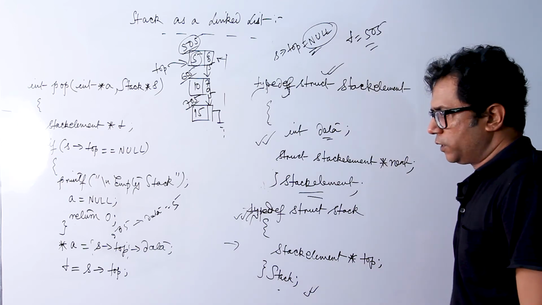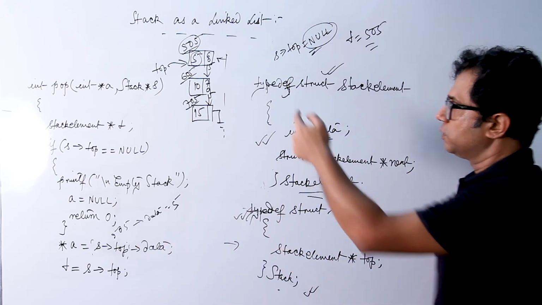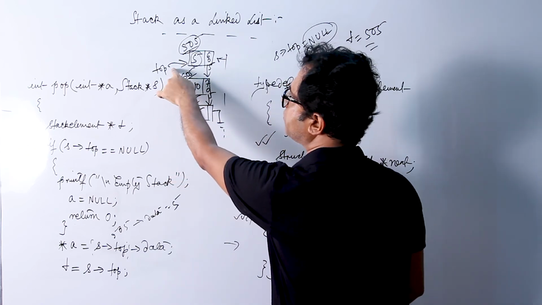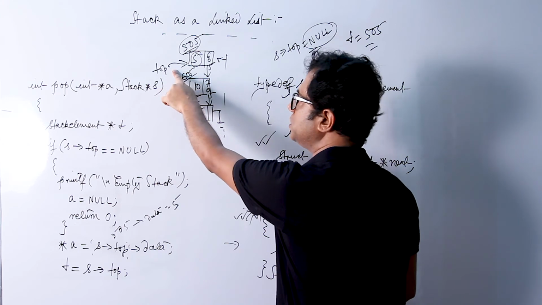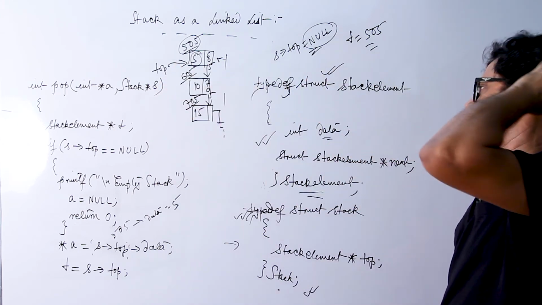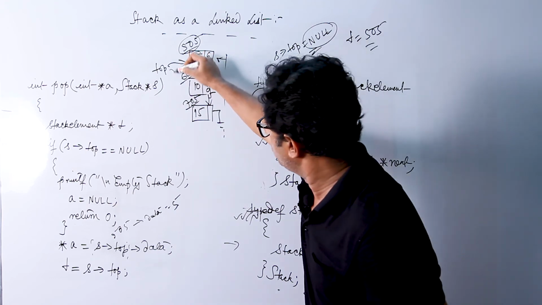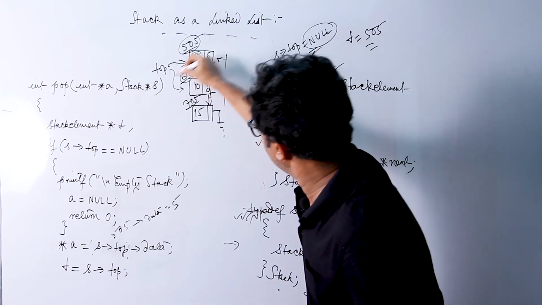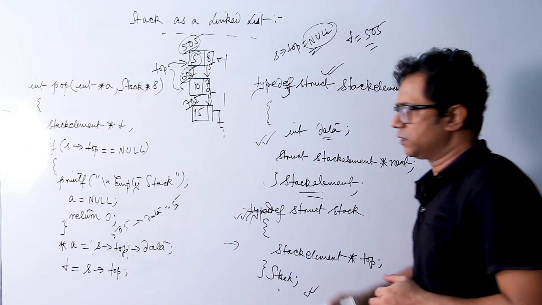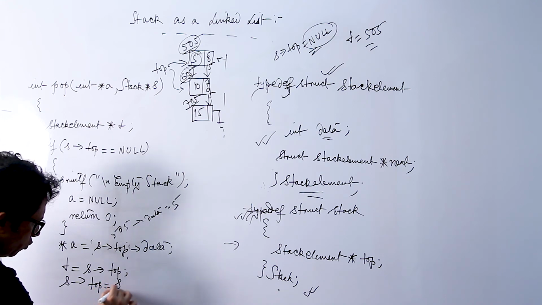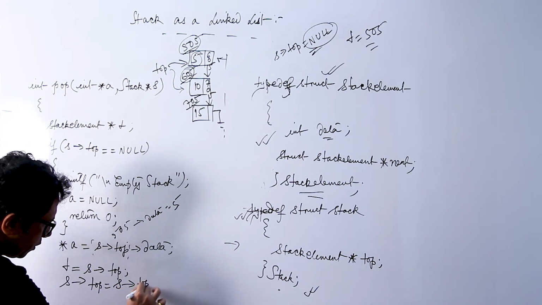Now what we'll do, S arrow top will be updated to point to 605. S arrow top will never remain over here after the pop operation. So for the pop operation to be executed perfectly, we have to update the top value to point to this 605 memory location. What to write for that?